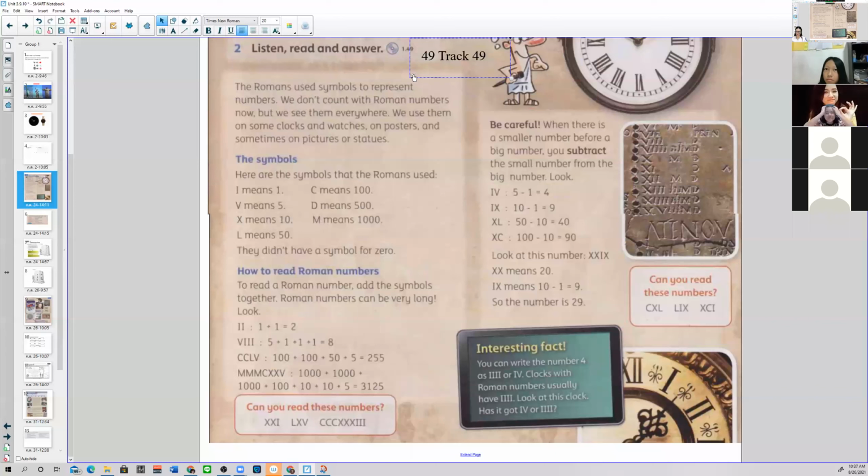How to read Roman numbers? To read a Roman number, add the symbols together. Roman numbers can be very long.